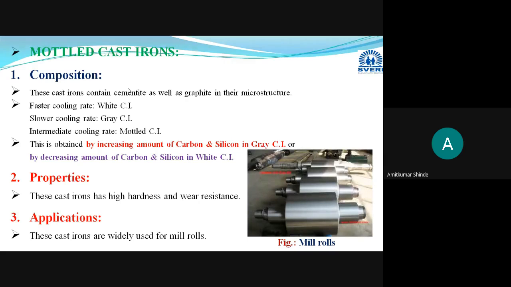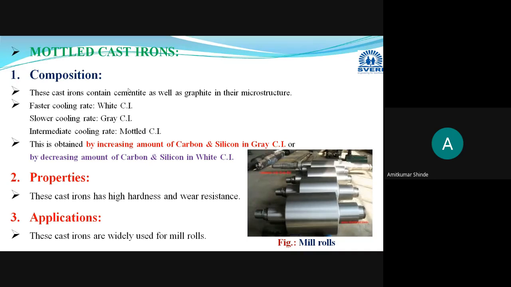Whenever we use slower cooling rates, carbon will get separated and you will end up with gray cast iron, with carbon present in the free form as graphite flakes. And whenever you use an intermediate cooling rate, not too slow or too fast, you will end up with a combination of white cast iron and gray cast iron. That cast iron type is termed mottled cast iron.